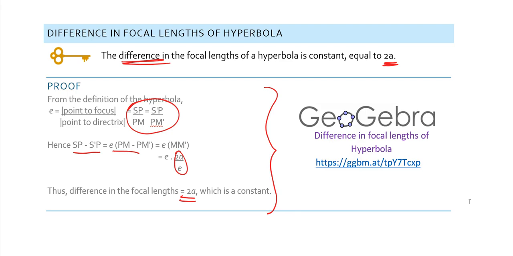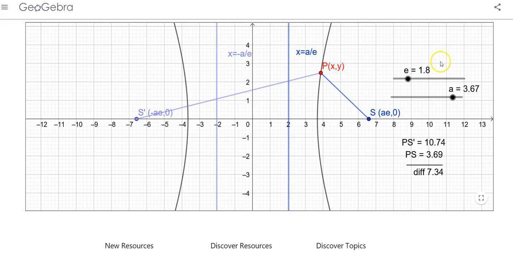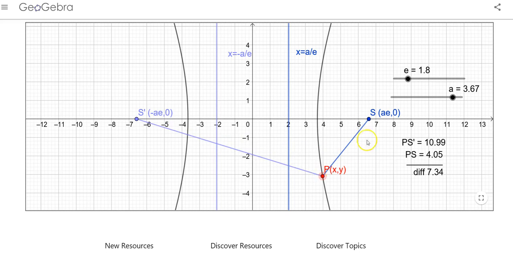So let's have a very quick look at that on GeoGebra. So here we can just see our point on one branch of the hyperbola. We could easily do the same over here, and as I move this point along the hyperbola, while the actual focal length varies, the difference between the two focal lengths doesn't change, and the difference between the two focal lengths works out to be 2a.